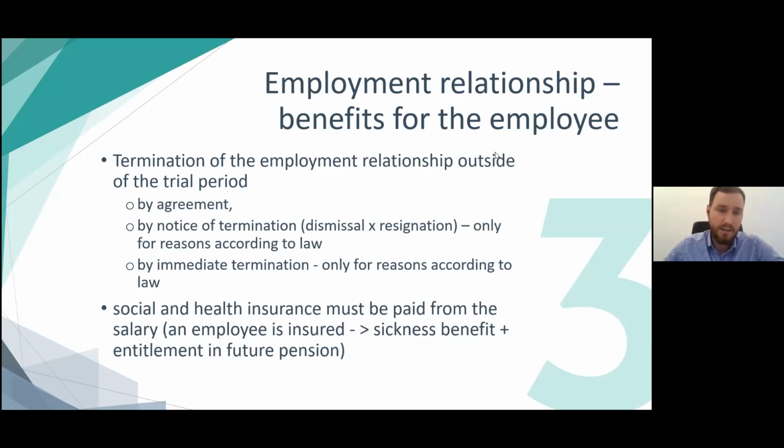That is the wage, and there's the salary that's final. So from this insurance is paid the sickness benefit and entitlement to a future pension. So that's a very strong benefit for the employee.